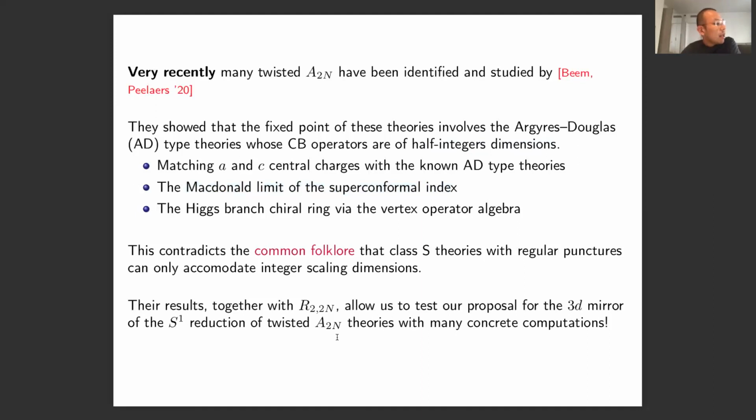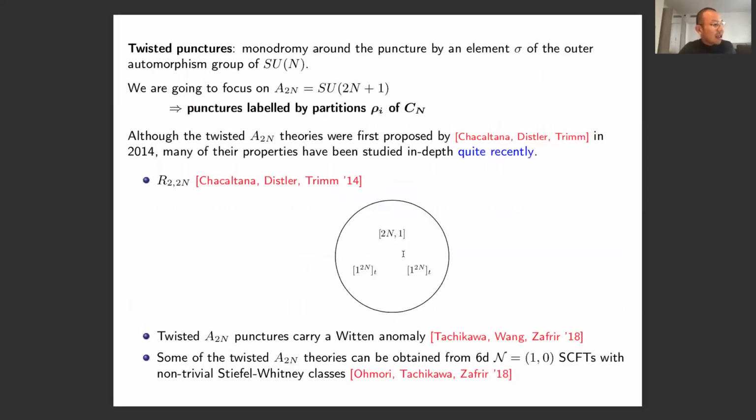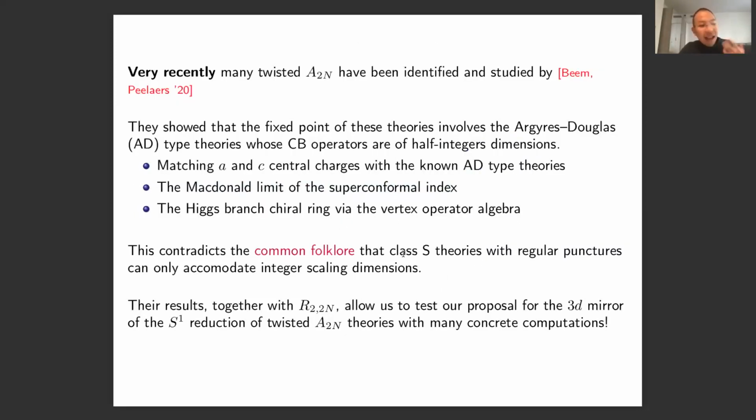Okay. Now, the significance of this work is that instead of just having one type of theory, which is R22N that I mentioned here, now you have a large class of theories, which is quite interesting, and you can do many things with it.